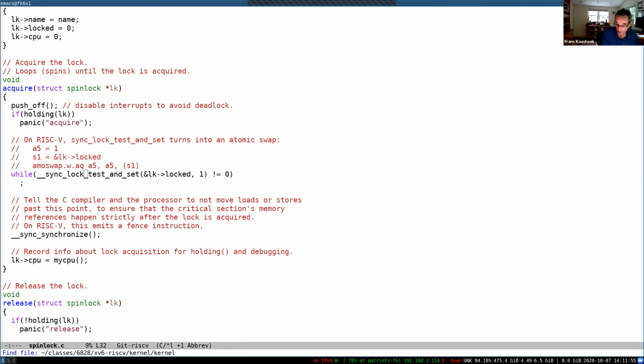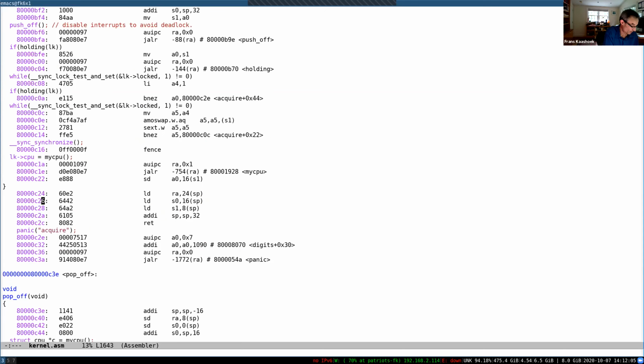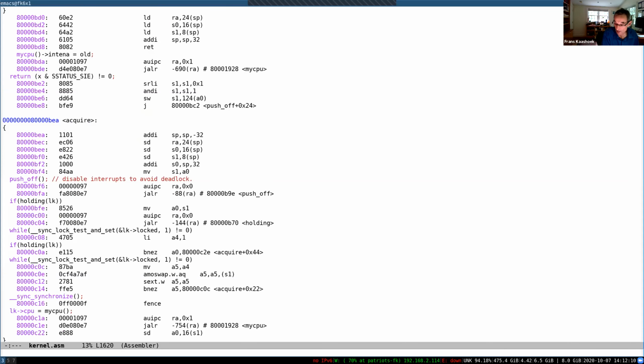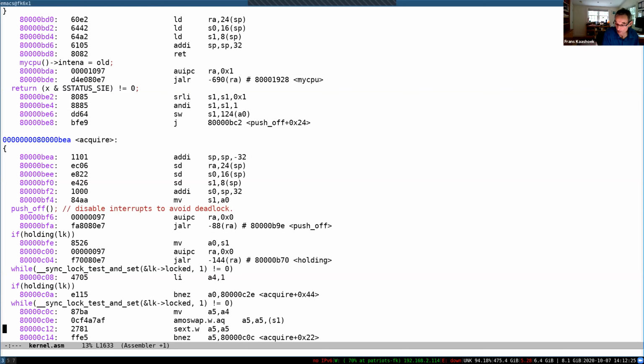In fact, if you look at kernel.asm, we can look at the assembly instructions and see exactly what the RISC-V processor does. Here are our assembly instructions for acquire, and here's our atomic swap instruction. As you can see, atomic swap is called with the register A5 as the input, and the output also ends up in A5, and S1 holds the address.